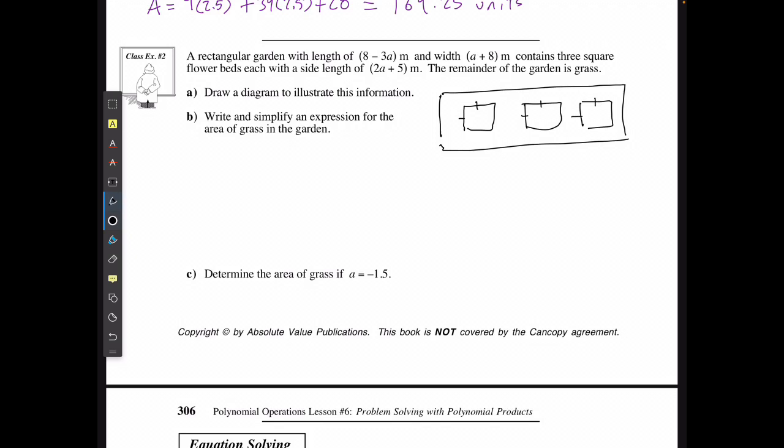I have one side of the rectangle is a plus 8 meters. One side is 8 minus 3a meters. And all of the sides of the squares are 2a plus 5 meters. And if I want to be more specific, everything around those flower beds is grass.